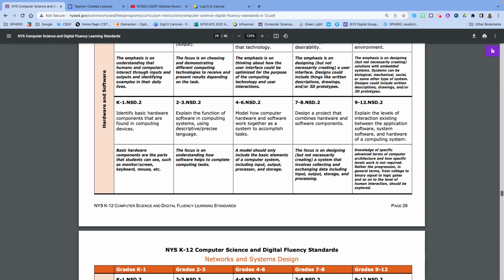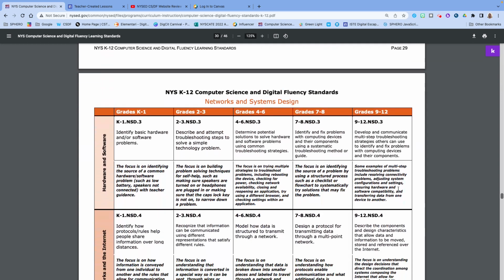So again, you probably are not going to talk about binary or logic gates in your English class, but you certainly could talk about the interaction humans have with technology and how that has changed over time. You could be exploring how new technologies are helping or hindering our society. You can have some really great debates and do some really interesting research projects around those topics that will fit very well into hardware and software.